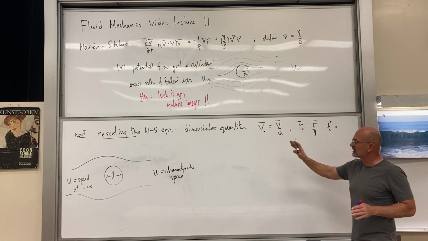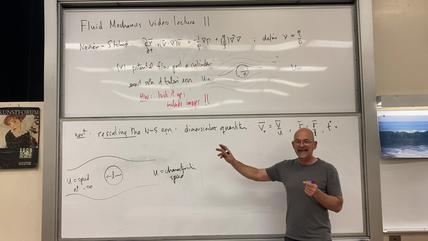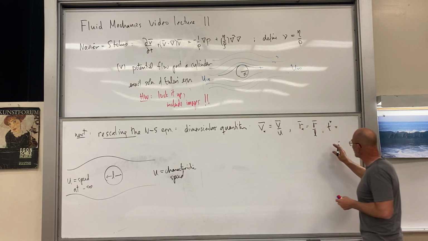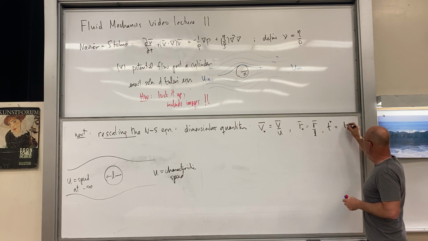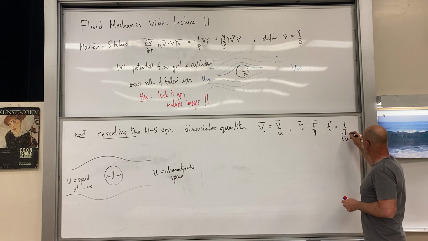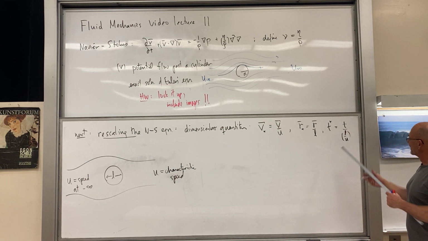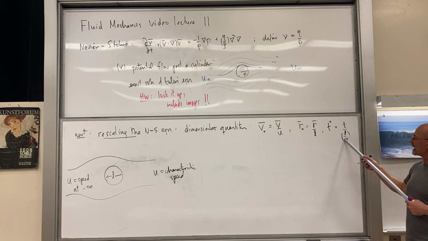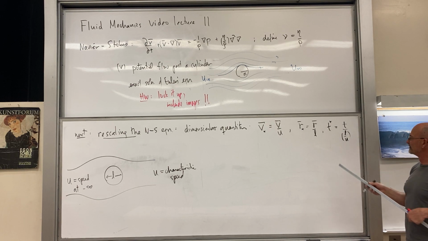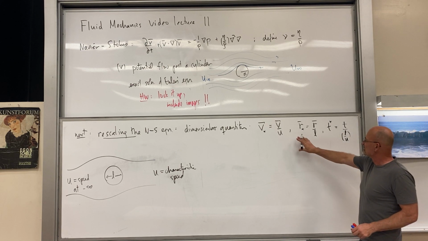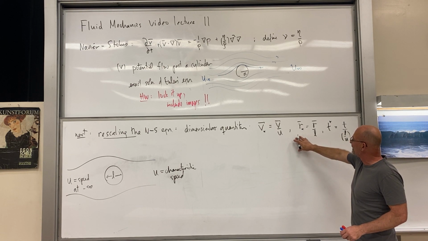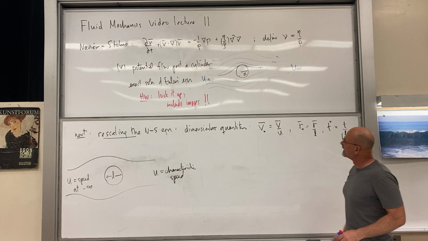There are different rescaling schemes out there, but we're going to do the simplest one. T star would be T divided by a time, and we can make that L divided by U, because L is a length and U is a length per time, so it's time over time. Okay, so we're going to rescale things like this, and now let's do that.